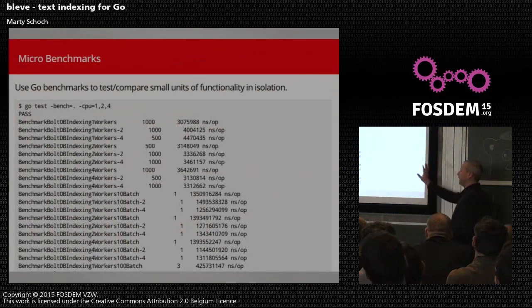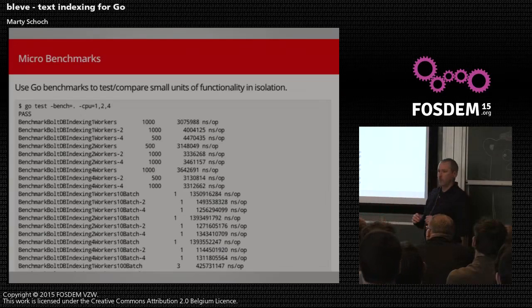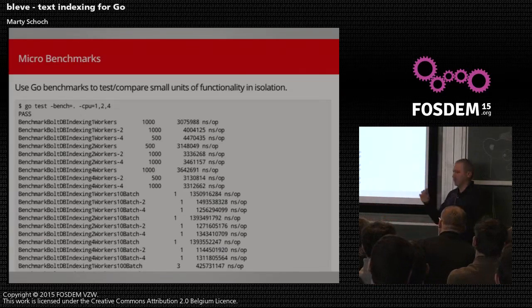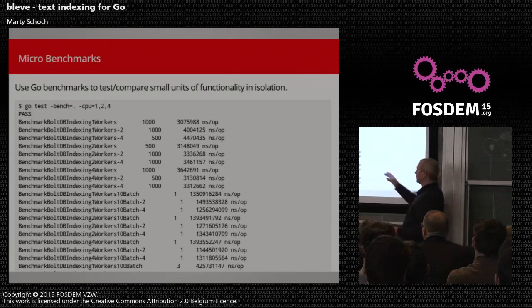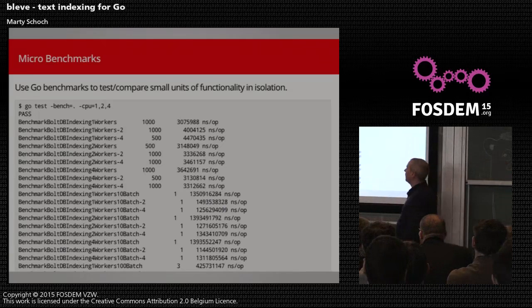Again, I don't want you to focus on numbers. This is just something I cranked off my laptop. We use what I'm calling micro benchmarks. This is just using the built-in Go capabilities for benchmarking. This is great for testing small blocks of code. So if someone says, I have a faster way to do facets, this is great for being able to say, this is how we do it now, this is how we're thinking about doing it, and quantitatively getting a sense of whether it's better or not.